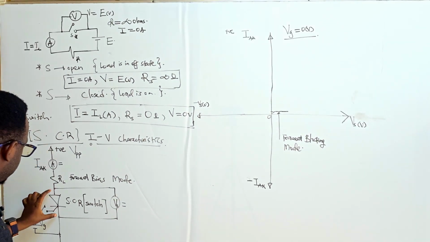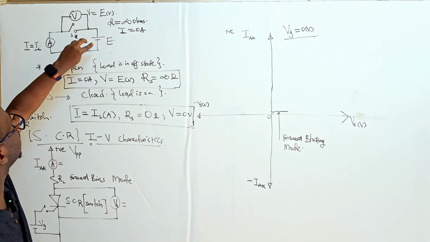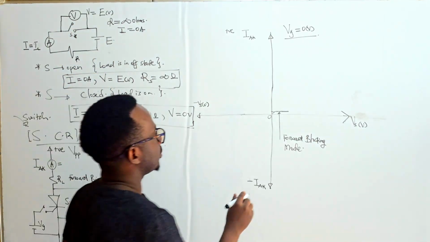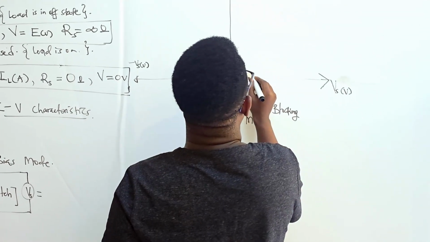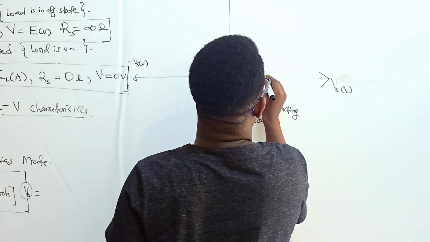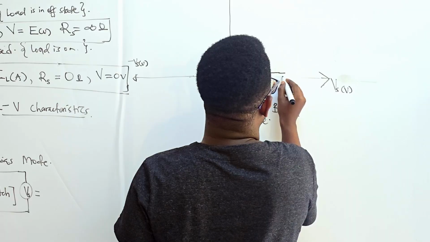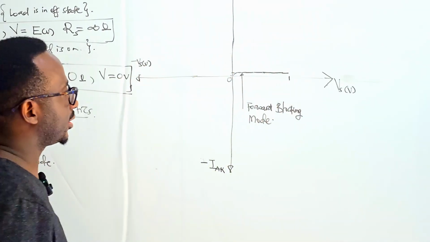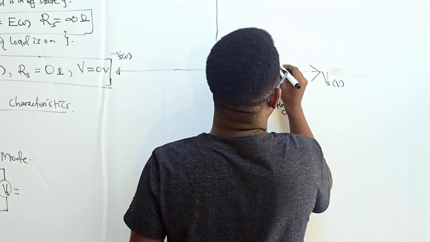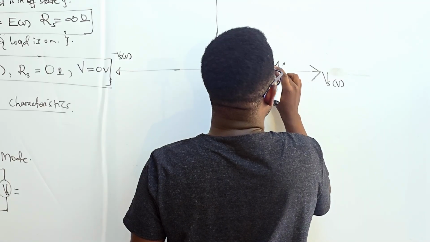So the whole supply voltage is going to appear across the device, like we had in the first case, where the whole supply voltage E appeared across the voltage measuring device. In this case it is open, so almost no current is going to flow, up to a certain point where the current is now starting to increase.